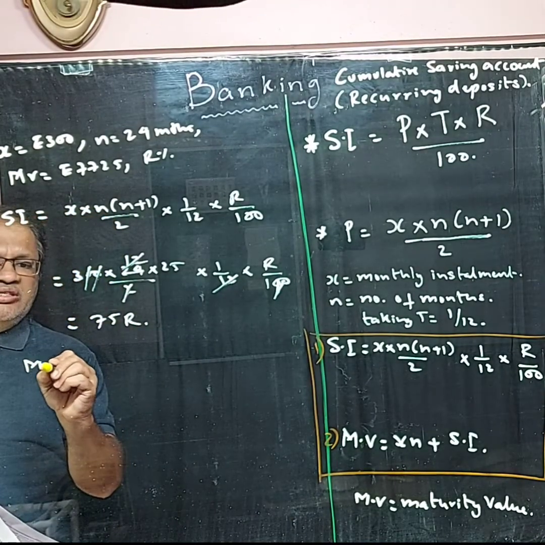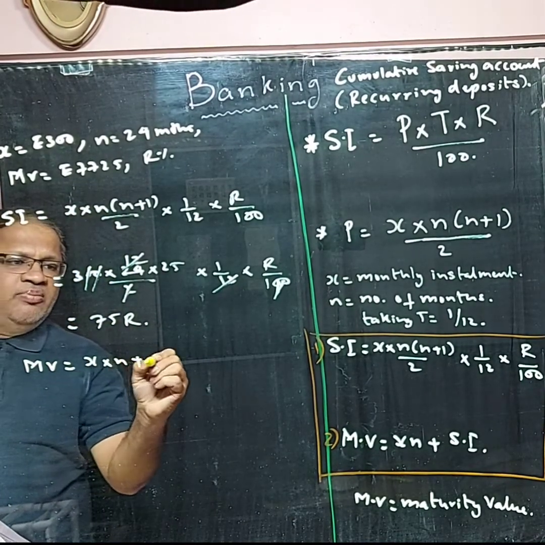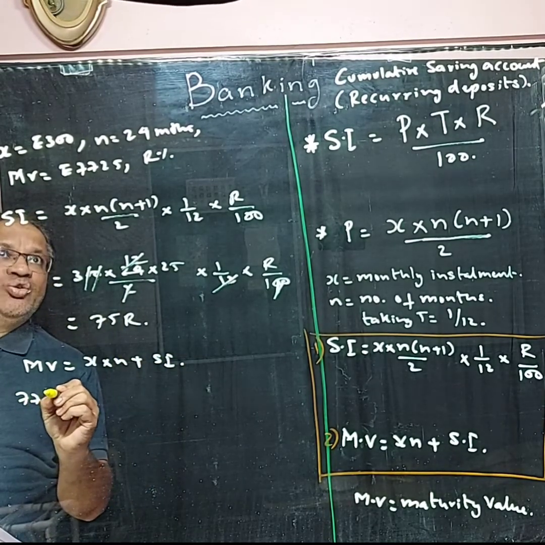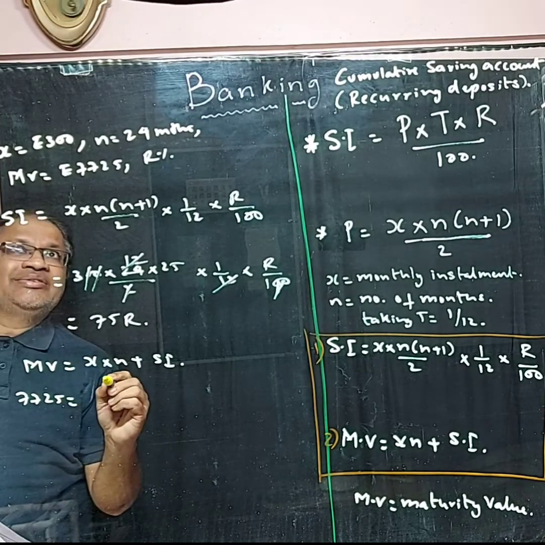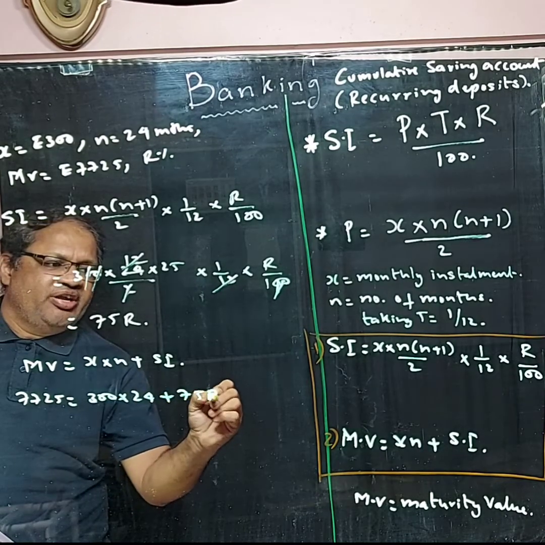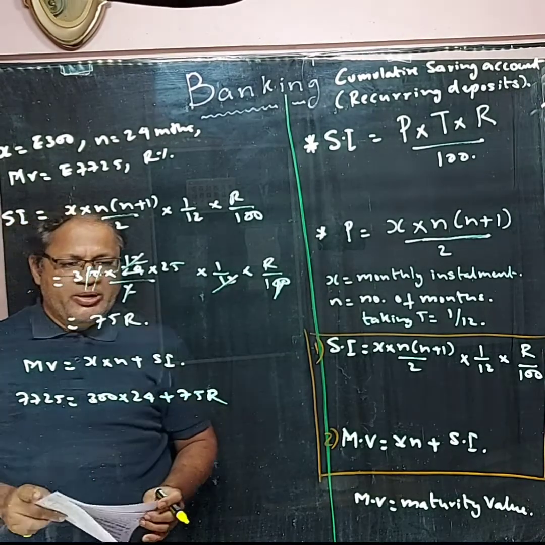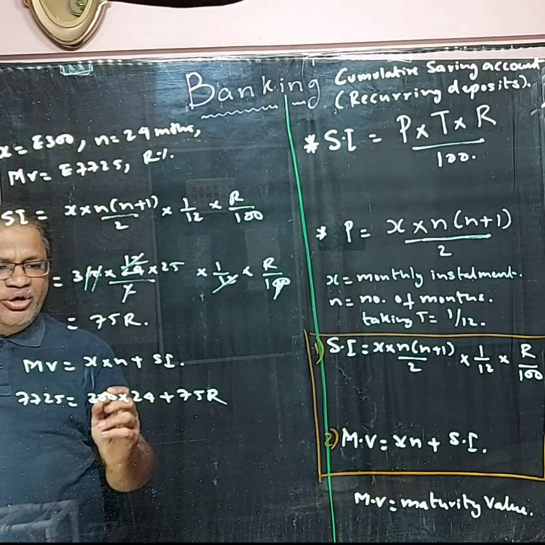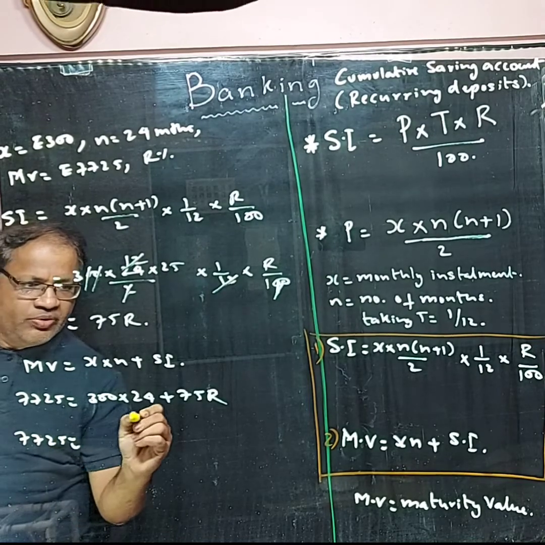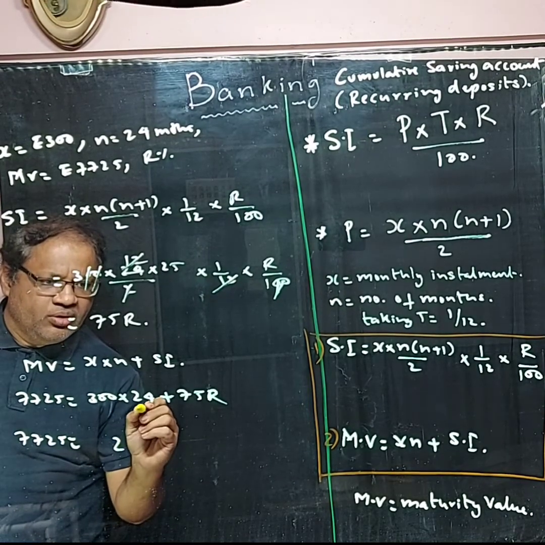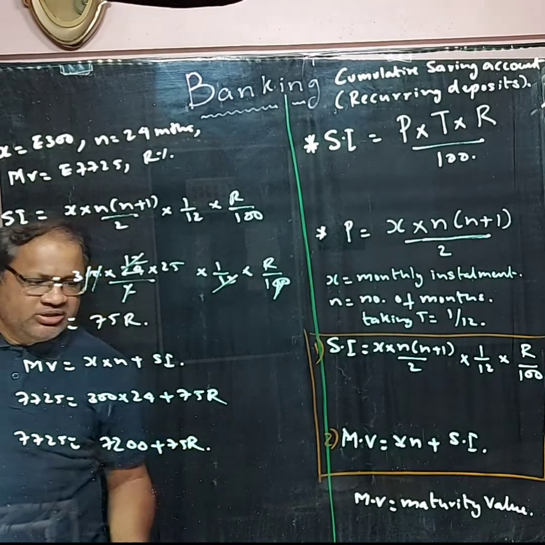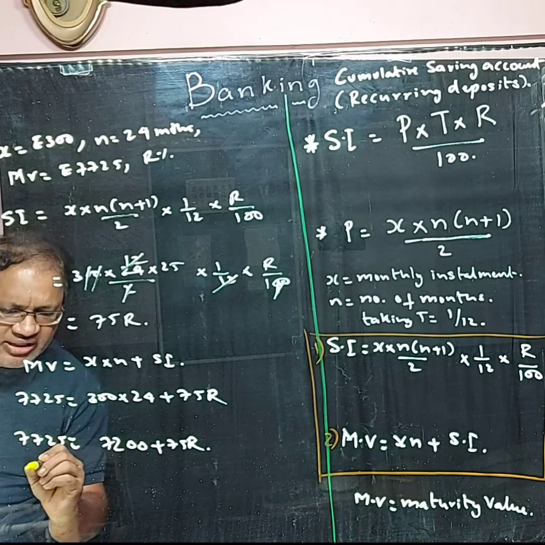Then after that you use the second formula, maturity value is X into N plus SI. So the maturity value they have given, 7725, is equal to X, that is 300, into N, that is 24, plus SI, that is 75R. Now when you multiply 24 into 300, it will come to 7,200, and send that to the other side.